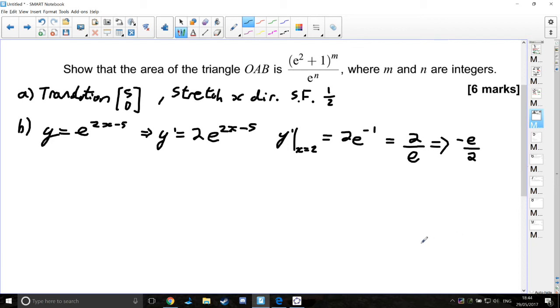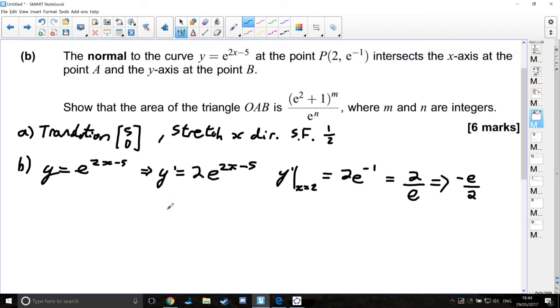Okay, so let's come up with our normal equation. So our normal uses point P and our gradient that we just found.